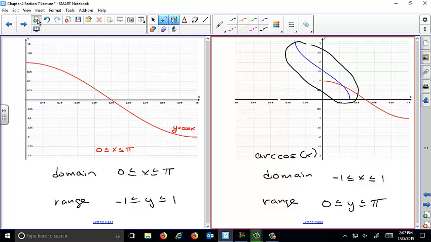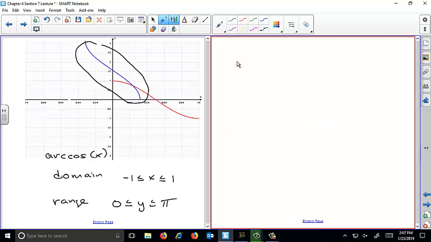And we'll just demonstrate this using our calculator. If I do the arc cosine, or the inverse cosine, of 2, the arc cosine of 2 is error. Why is that? Because 2 is not in the domain of the inverse cosine function.